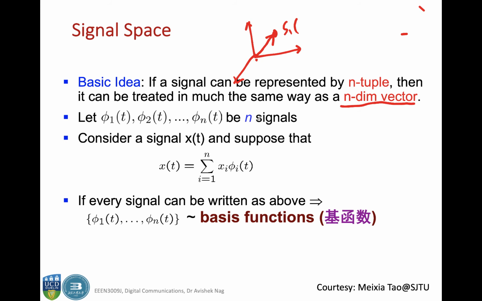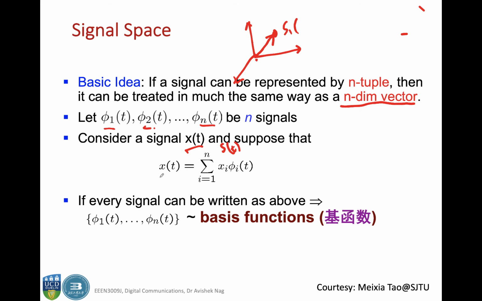Okay, so if we can find n signals named as phi1(t), phi2(t), phi n(t), and we can write any signal x(t), or let's say s(t) again, what's in a name. You can name a signal as s(t) or x(t), whatever.